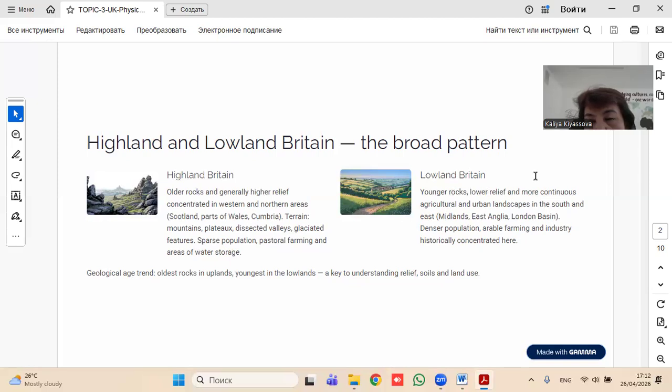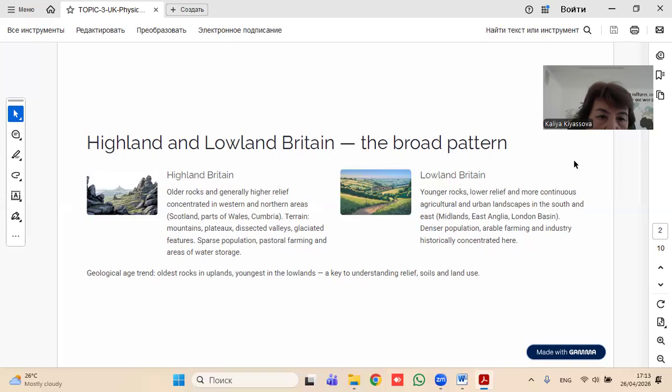And what about lowland Britain? Younger rocks, low relief, and more continuous agricultural and urban landscapes in the south and east: the Midlands, East Anglia, and the London Basin. Denser population, arable farming, and industry historically concentrated here.